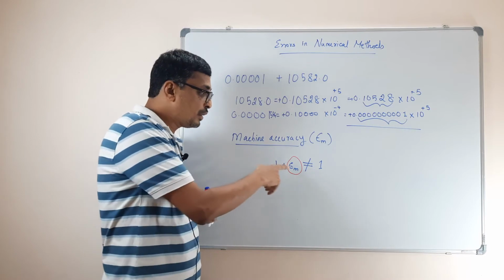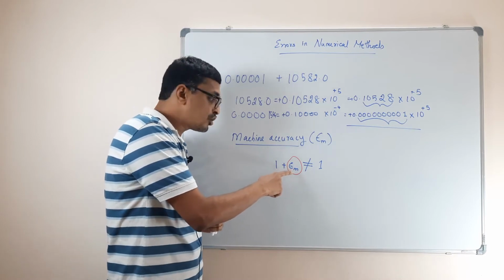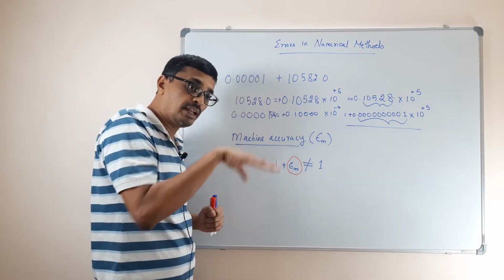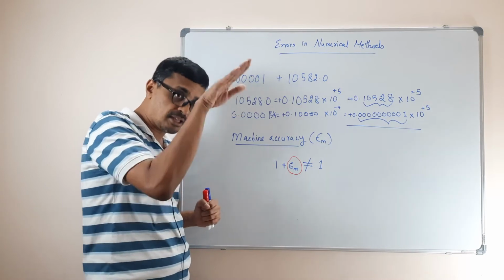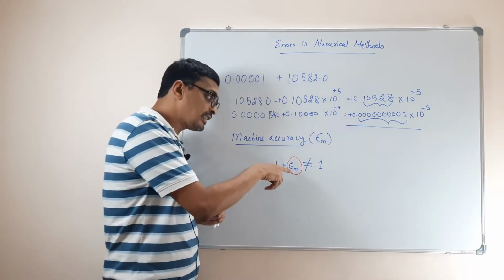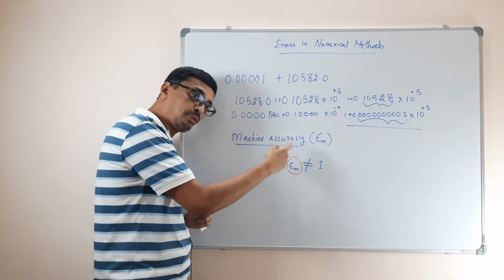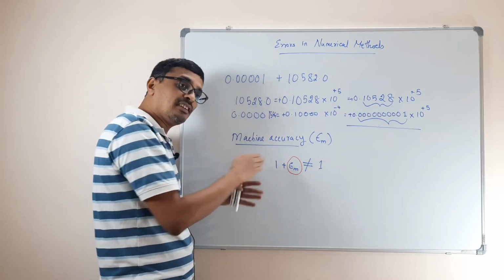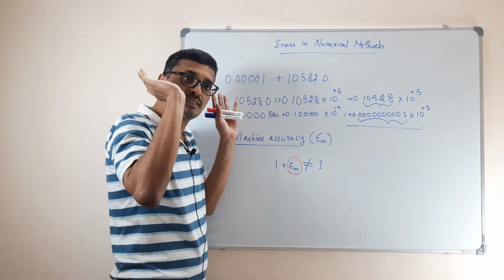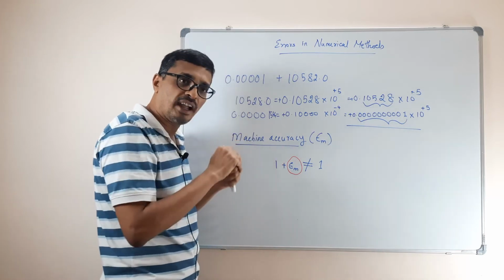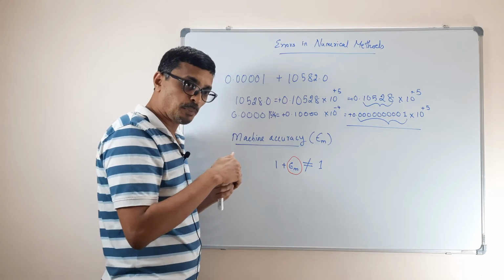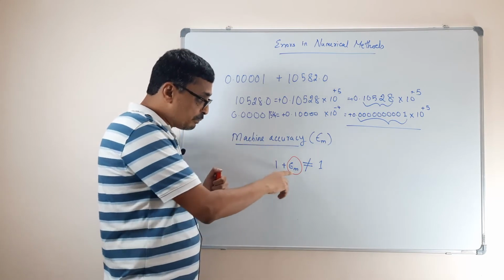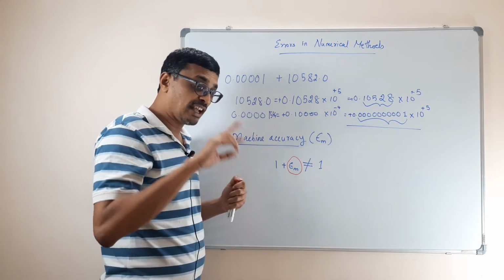Inside each loop you will have many additions, and each addition is going to add your epsilon m. Eventually this can become so high it can give you wrong answers. But the epsilon m can be positive as well as negative.